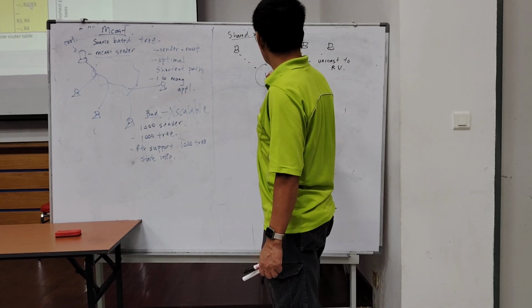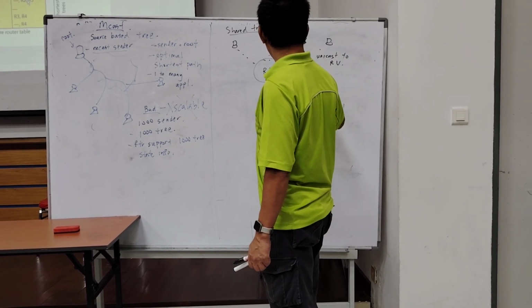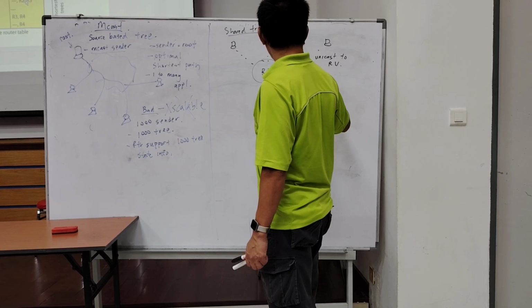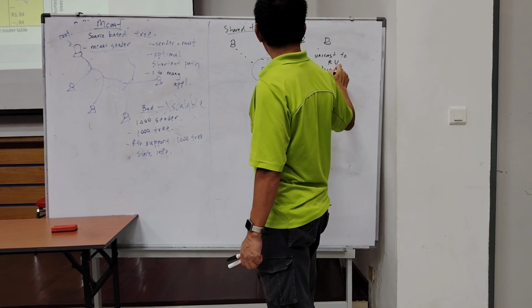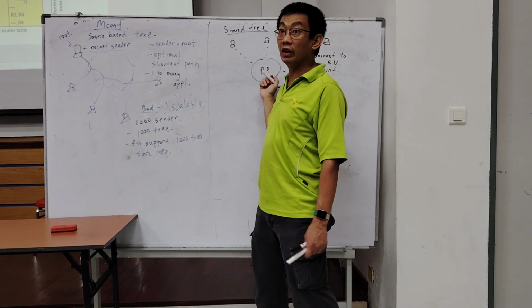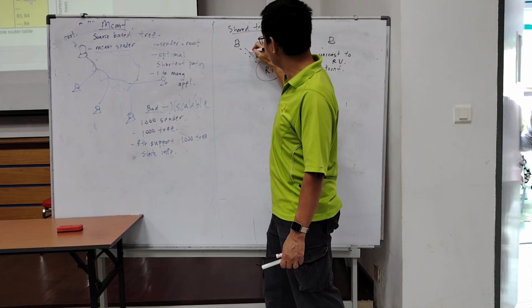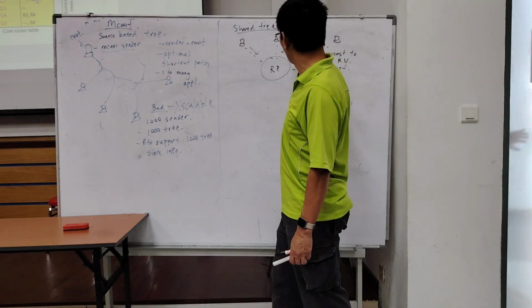This is the RP, the rendezvous point. Basically, before you configure a PIM network, you need to set up the rendezvous point. All these senders will send to the rendezvous point.